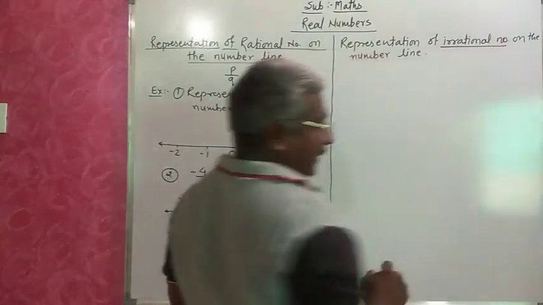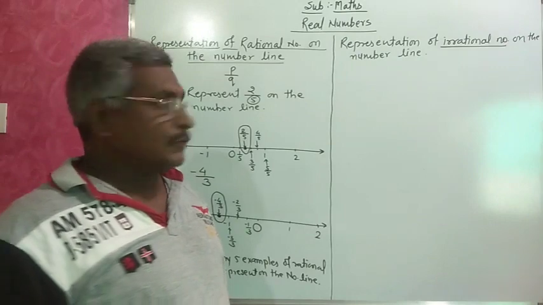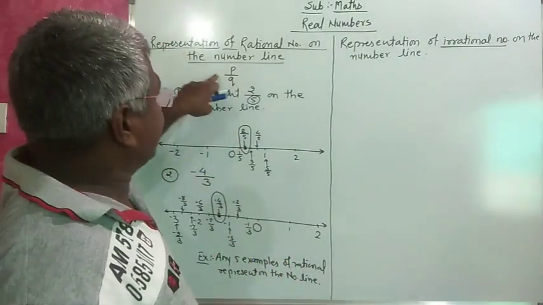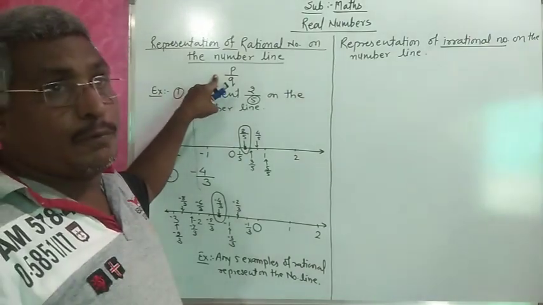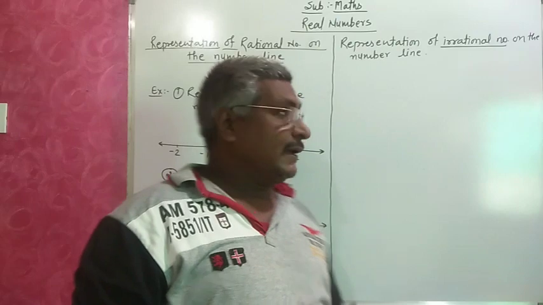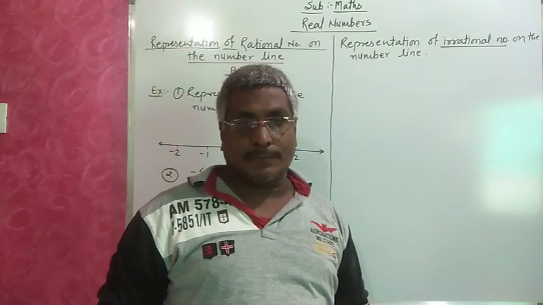Already I wrote and gave the definitions. In that definition we wrote the number which cannot be represented in p by q form, that is called an irrational number.